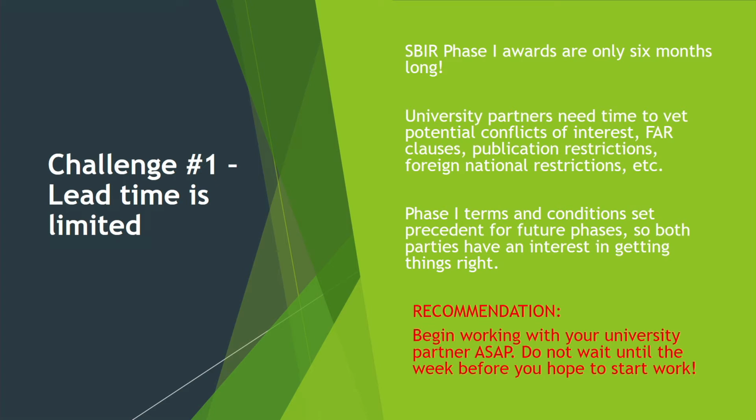Your agreement is likely to have FAR clauses from the Federal Acquisition Regulation. It's going to be a thick document that needs to be reviewed, and then we need to put the right terms and conditions in place between the small company and the university. And doing that in a week or 2 weeks is not always possible. Sometimes it takes longer than that.